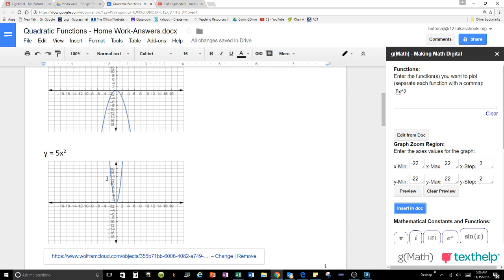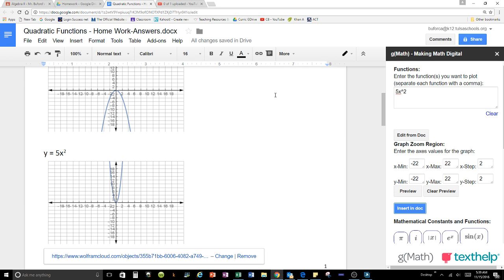The larger the value of the coefficient, the skinnier the parabola. The smaller the coefficient, like say if it were like here it's 1, but if it were like say 0.5 or 0.25 or 0.1, it'd really be fat or compressed out.